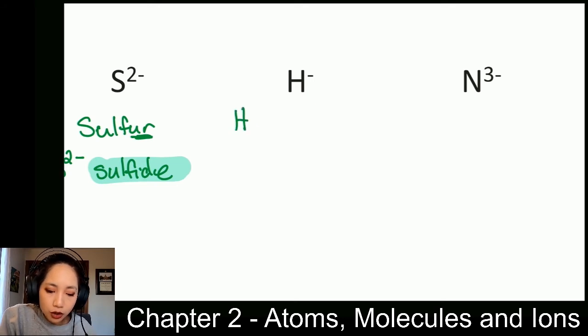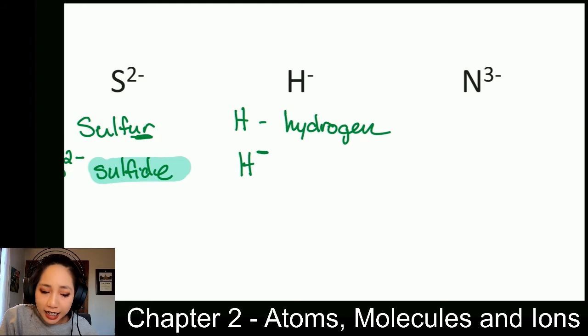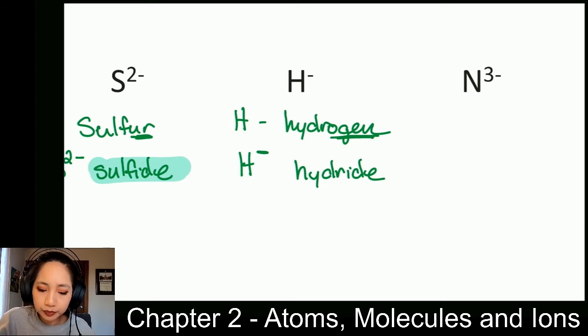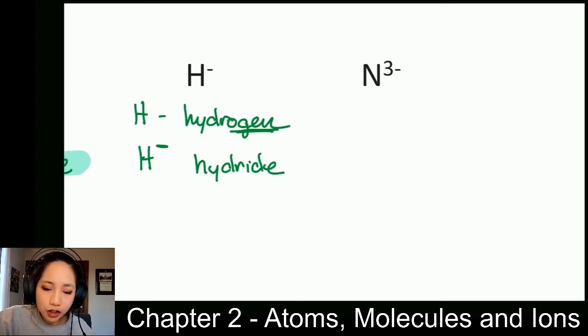All right, hydrogen. A neutral hydrogen off of the periodic table is just hydrogen. Hydrogen as an anion, we're going to change that ending, so this becomes hydride. And then finally, nitrogen. A neutral nitrogen atom is just nitrogen.